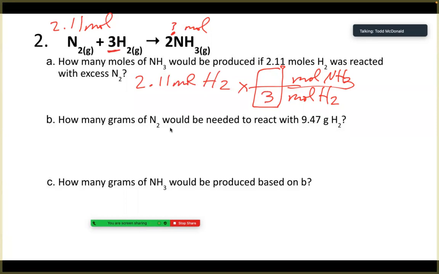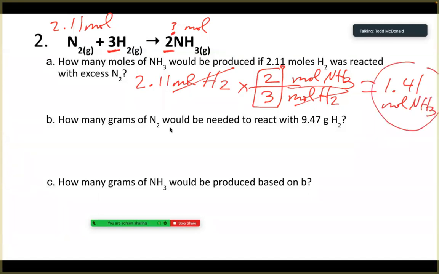And then next to NH3, there's a 2. So that goes on top next to 2 moles of NH3. So now I have a conversion problem so that my moles of H2 is going to go away. I basically need to multiply 2.11 times 2, then divide it by 3, and that's going to give me 1.41 moles of NH3. So based on the coefficients of the balanced equation, I can convert one substance to another. That's what we're looking at there.